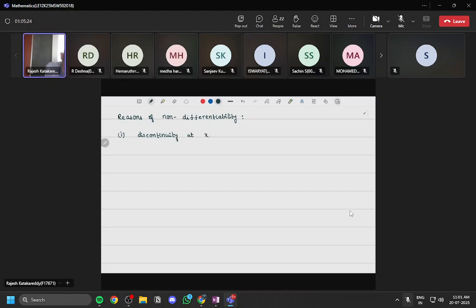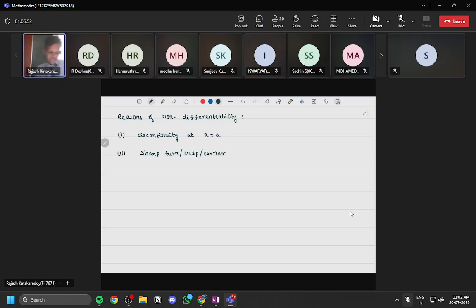Discontinuity at x is equal to a. Discontinuity, there is a break. If there is a break, then there won't be any unique tangent. Clear? That is the first reason. The second reason is sharp turn. We will also call it corner.